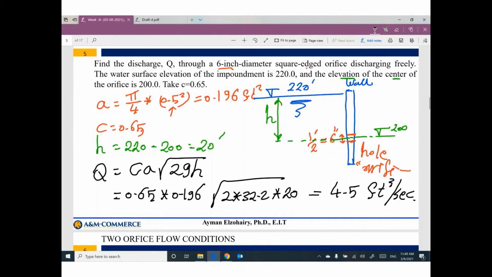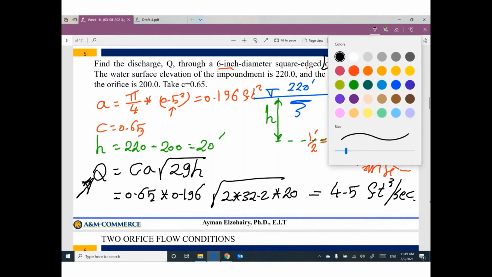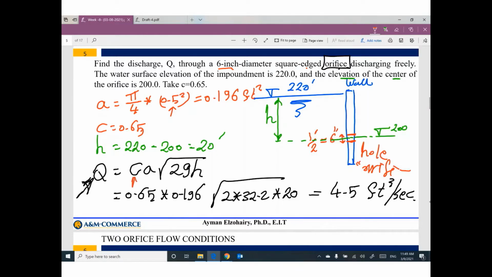Any question? Please read your problem carefully. We understand that if you have an orifice, we will have this discharge equation Q equals C A square root 2 g H. So we are looking for these terms. What is the value of C? What is the value of area? What is the value of H? Area is the cross-section area of the orifice.